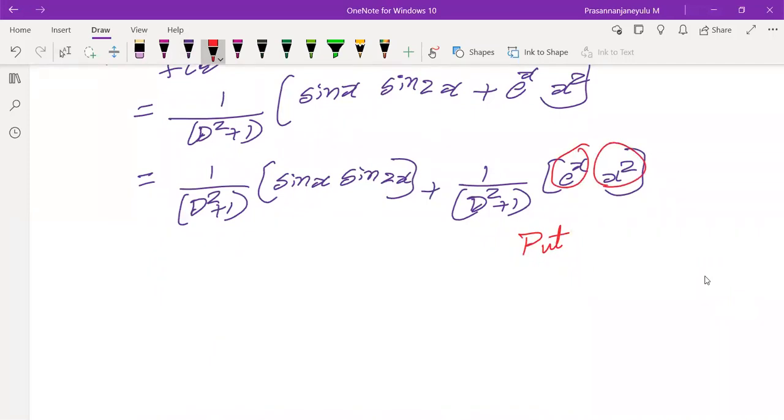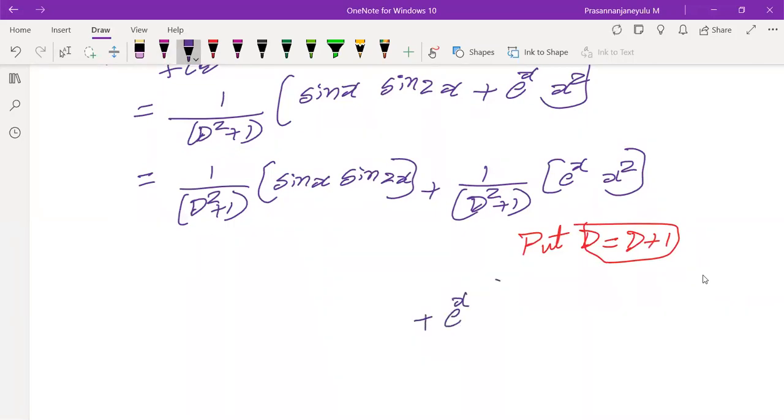So substitute D equals D plus a. What is the value of a here? It is 1. Then the second term becomes: the role of e power x is completed, writing e power x of 1 by (D plus 1) whole square plus 1 of x square.